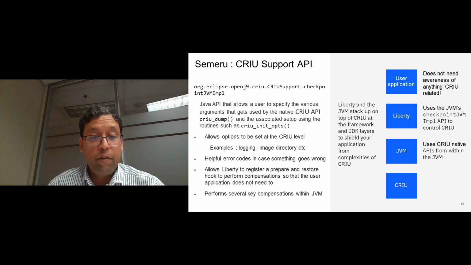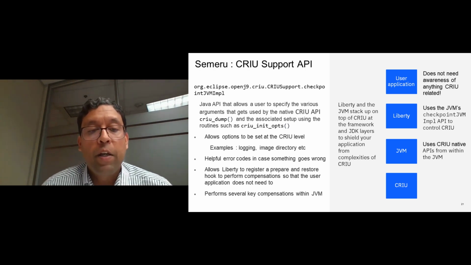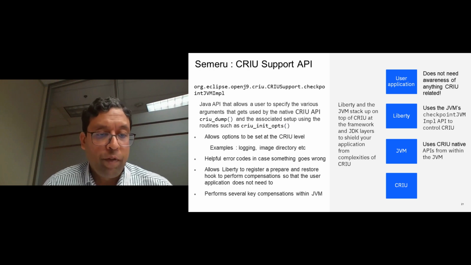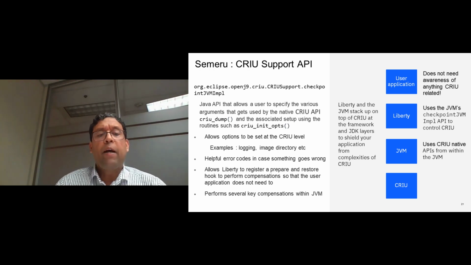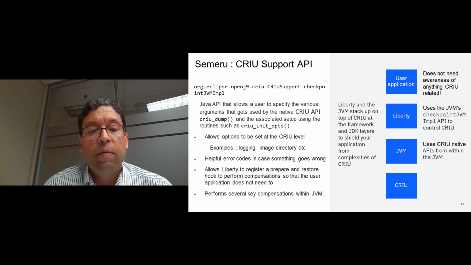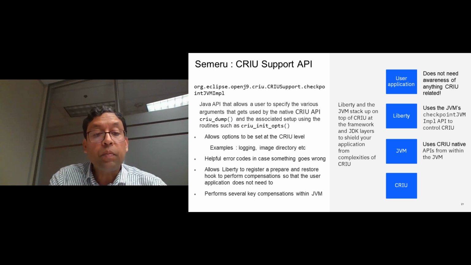You're able to select if you want to do a privileged checkpoint restore or an unprivileged one. There's a whole host of options that CRIU allows, and the Java API that we offer, this CRIU support API, tries to mirror that so that Liberty can take advantage of that. The API also offers helpful error codes in case something went wrong.